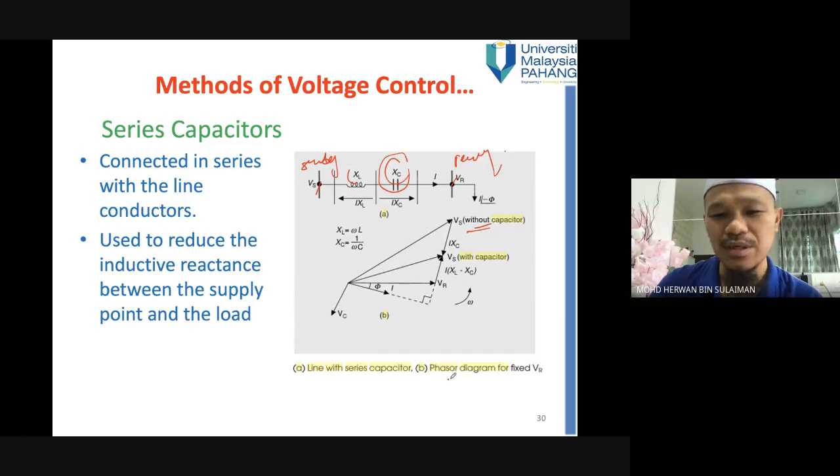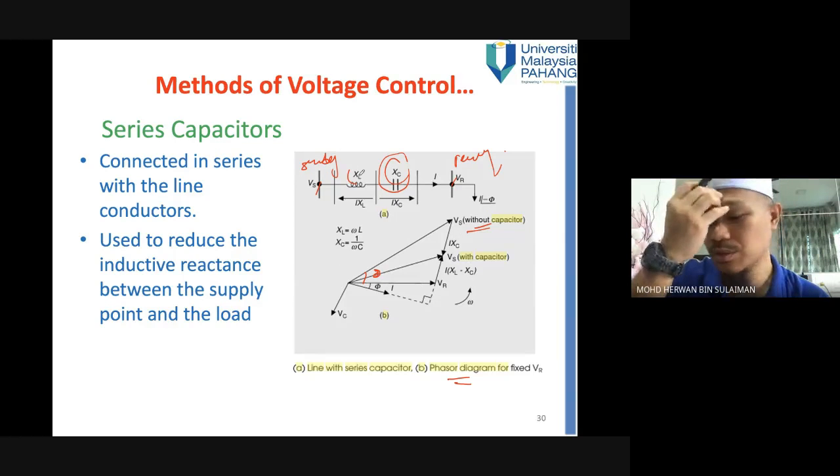So this is the phasor diagram. What happens when we have the capacitor? Without the capacitor, your sending end voltage is very high first, and the angle of the sending end voltage is also high, in order to maintain the receiving end voltage.